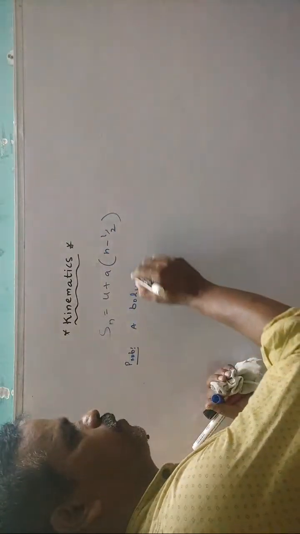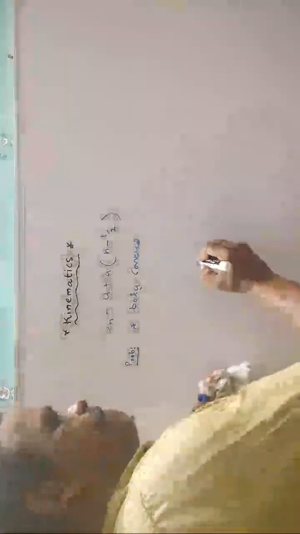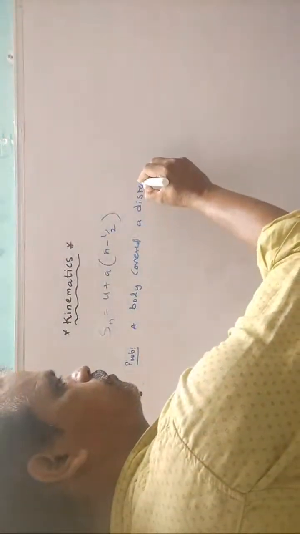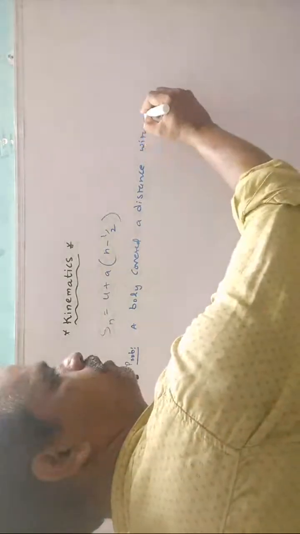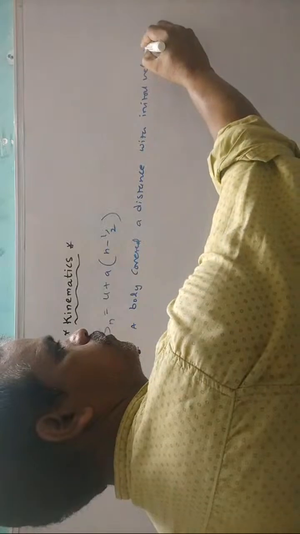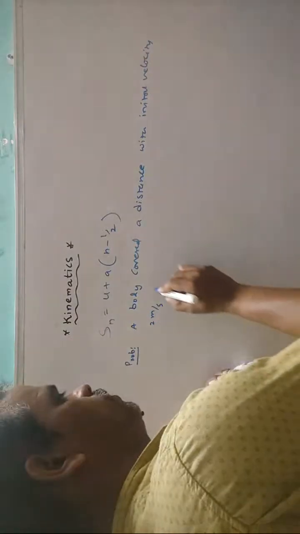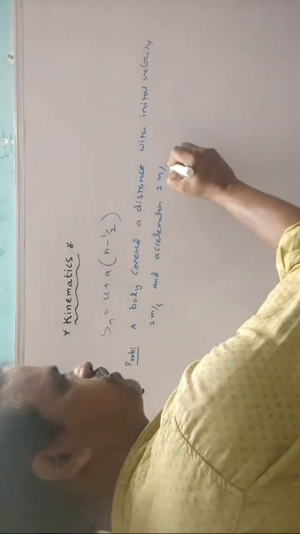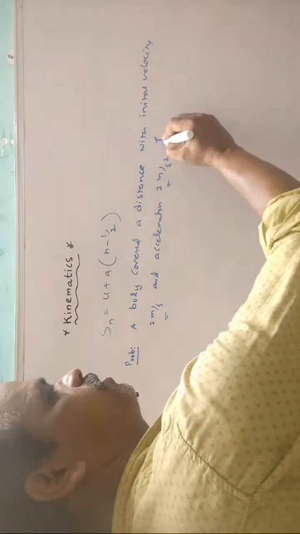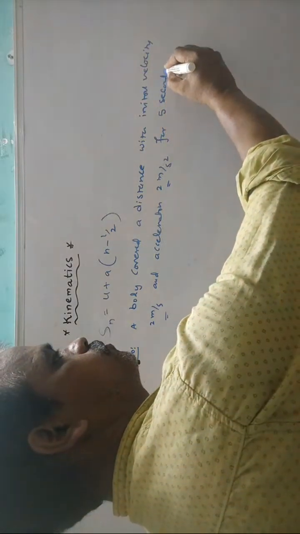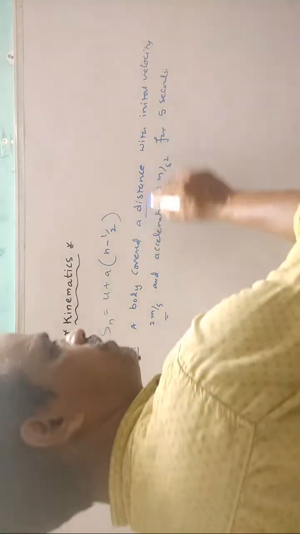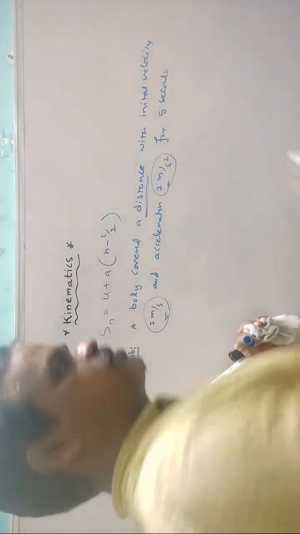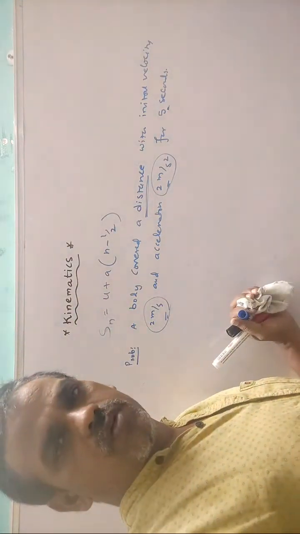A body covered a distance, otherwise displacement, with initial velocity 2 meter per second and acceleration 2 meter per second square for 5 seconds.